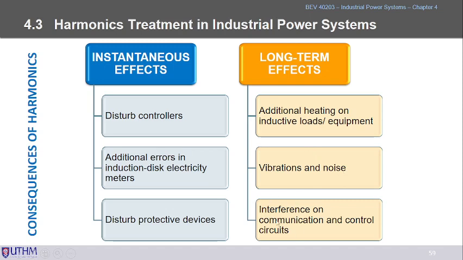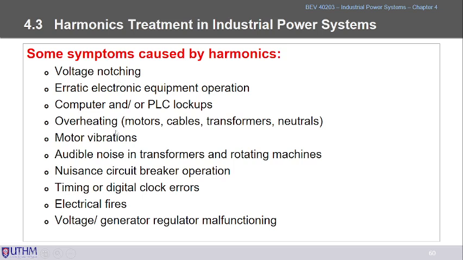And of course, harmonic content also gives a long-term impact, let's say EMI, electromagnetic interference, to the communication and control circuits as well. These are some of the symptoms of harmonic content. You can read through it, including the nuisance trips, motor vibrations, and malfunctioning of the generator regulator.